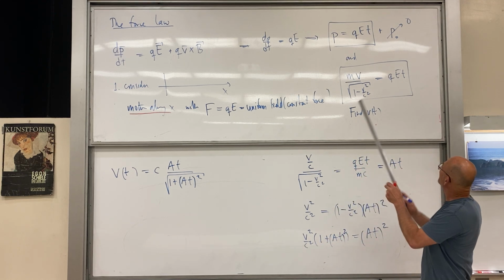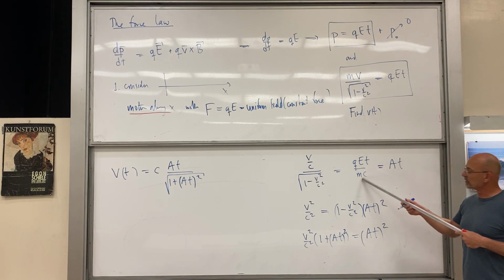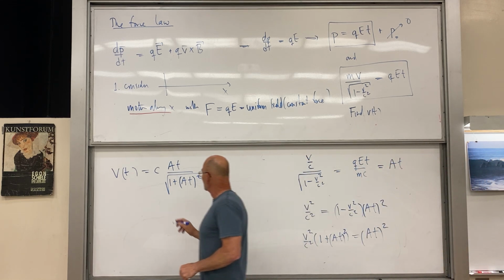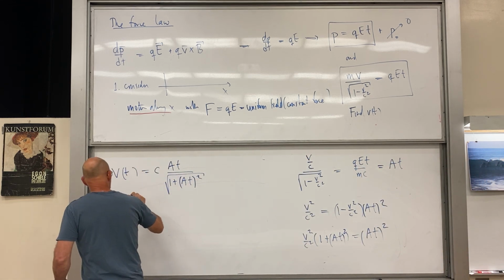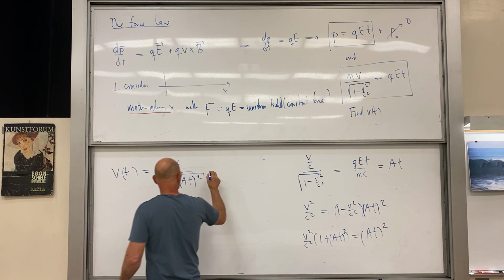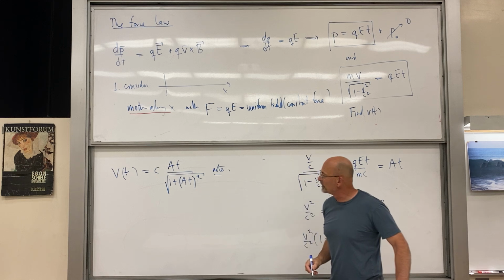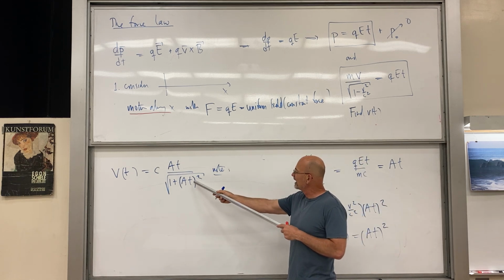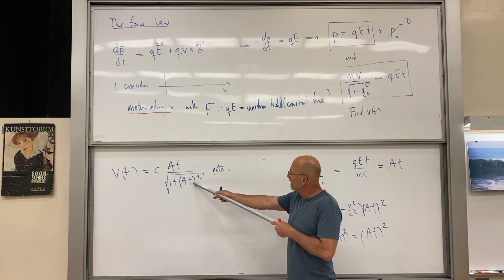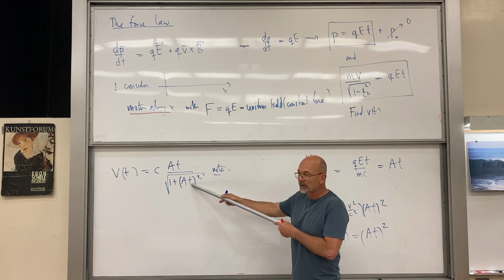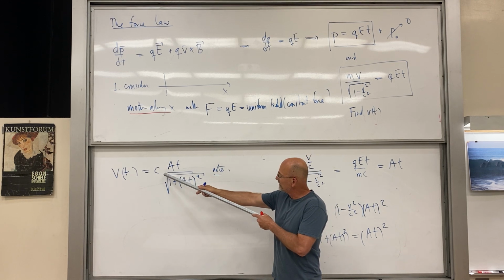We know that a is just equal to this qEt over mc, so we don't have to plug that in anymore. What we want to note is the limit as t goes to infinity. In the limit as t goes to infinity, we get at over at, right? Take the square root, that cancels and we just have c.